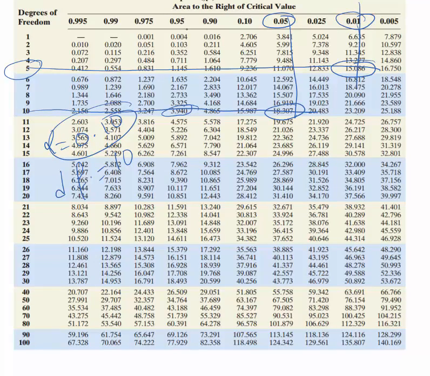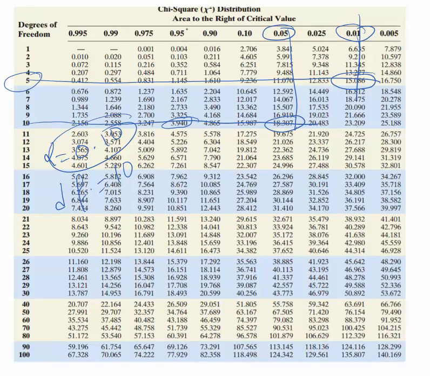Once you find one, you can find the other one by symmetry. So one critical value is 3.940 and the other one is 18.307.